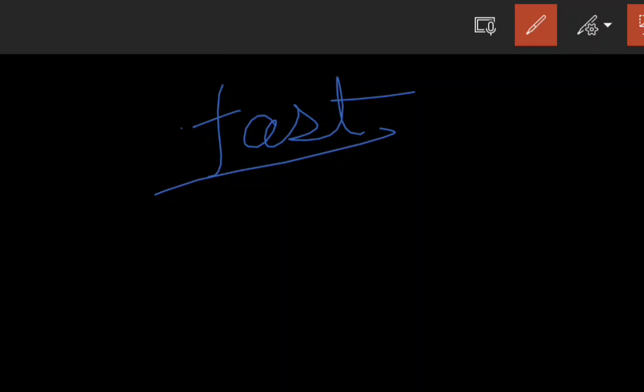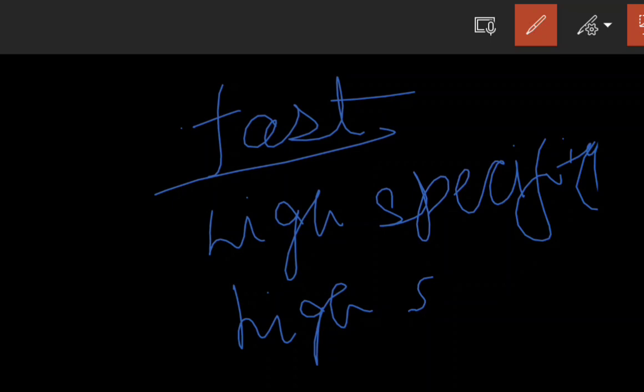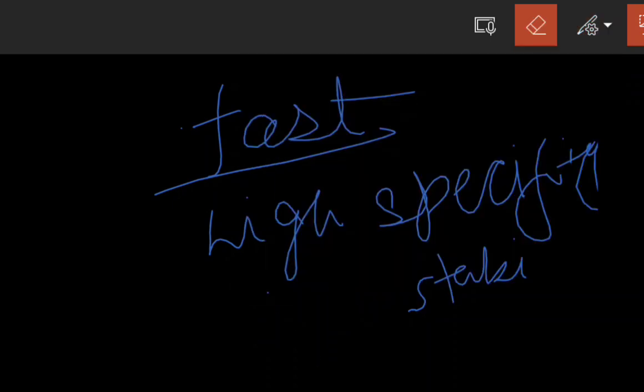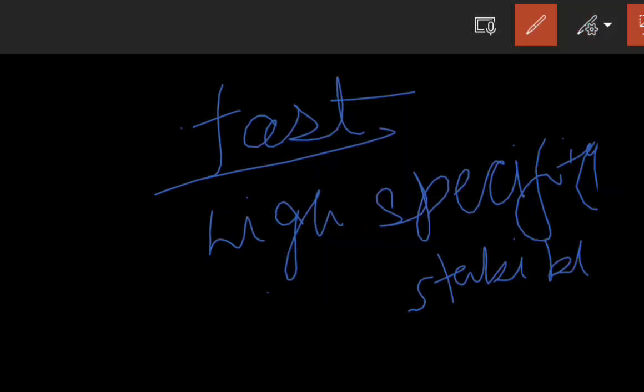Second, it has high specificity, and it is very stable.